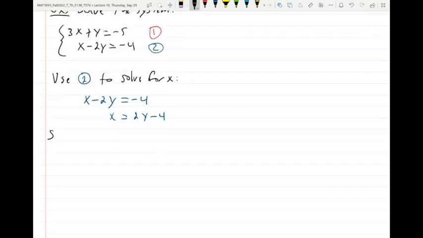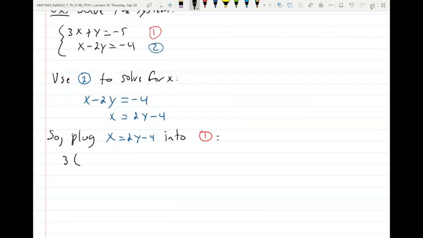We're going to plug x equals 2y minus 4 into equation number 1. That would look like 3 times, now instead of x, you put what it is, which is 2y minus 4. Equation 1 says 3 times x plus y equals -5. I know that x equals this because of the second equation, so you put it there.